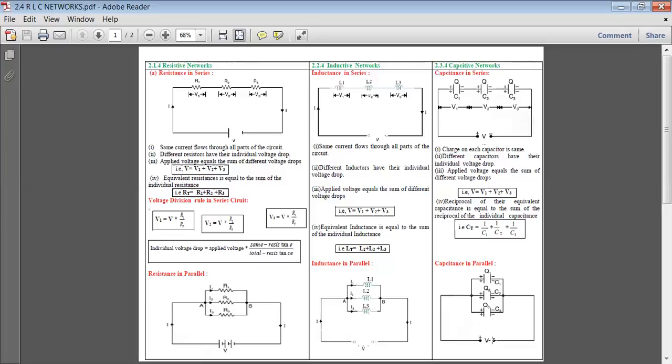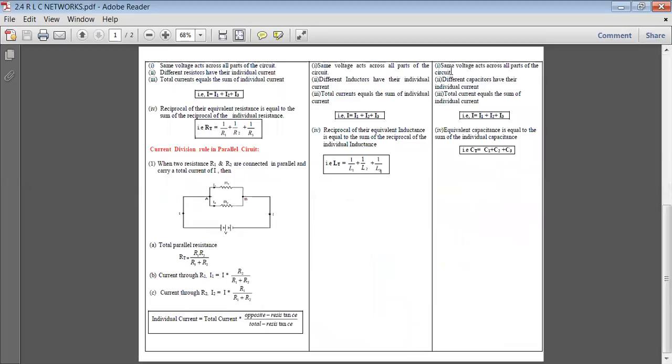If you apply voltage, we get Q1, Q2, Q3, and the voltage will be the same. Same voltage acts across all parts of the circuit.